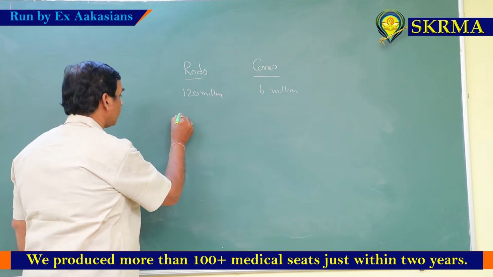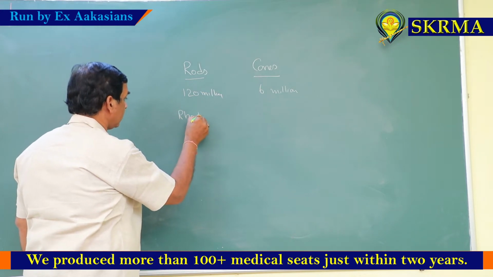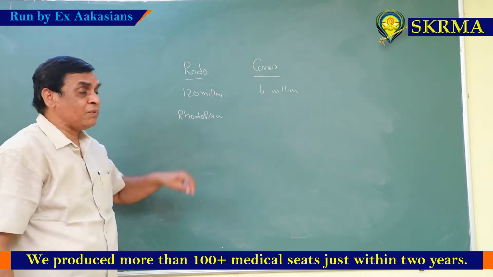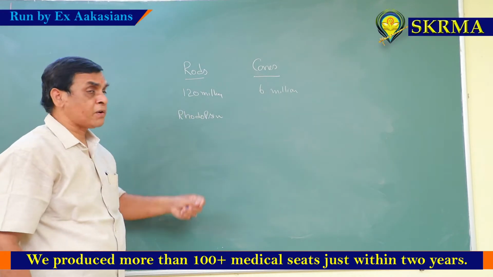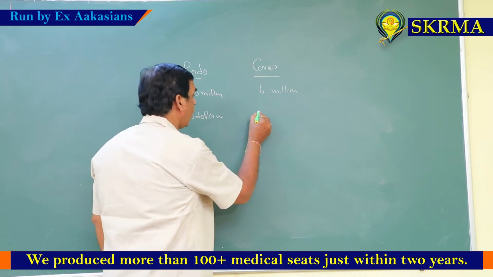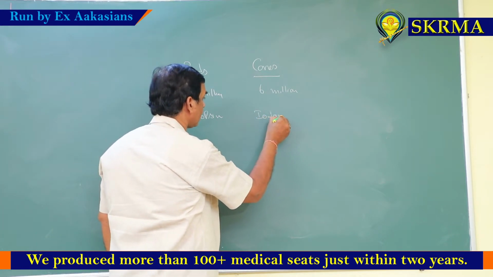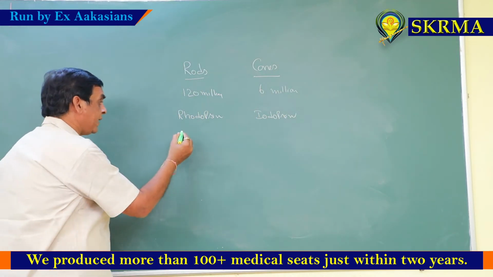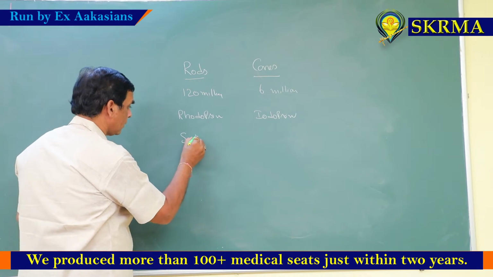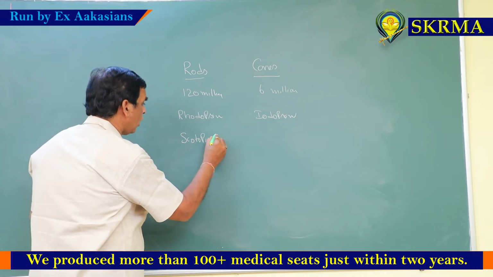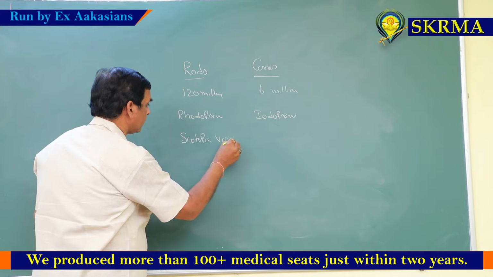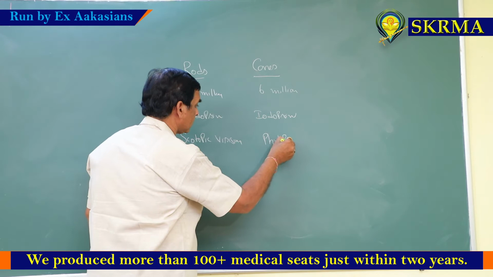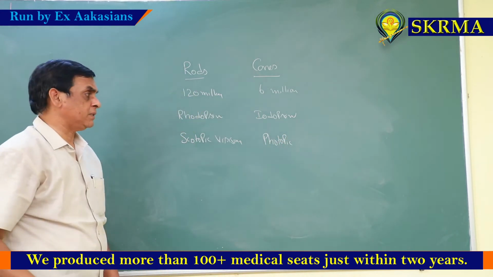Next one is the pigment. The pigment present in the rods is rhodopsin, whereas in the cones iodopsin is present. Rhodopsin is for scotopic vision, and iodopsin is for photopic vision.